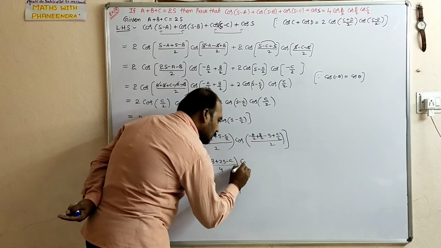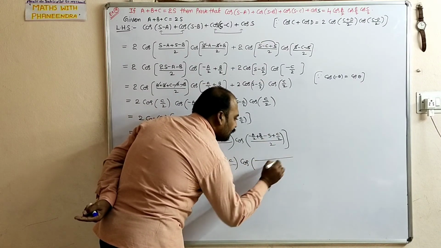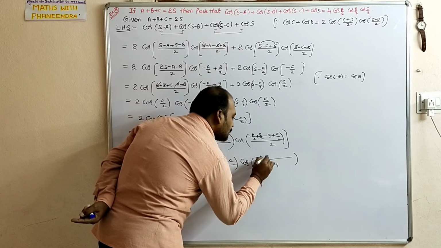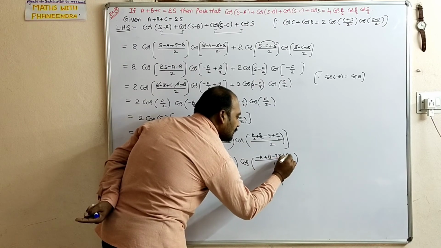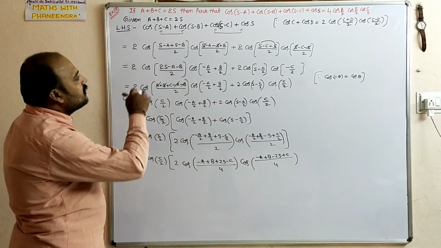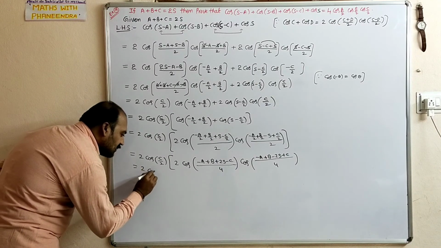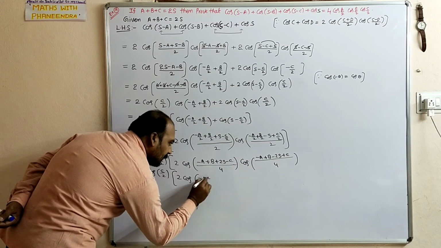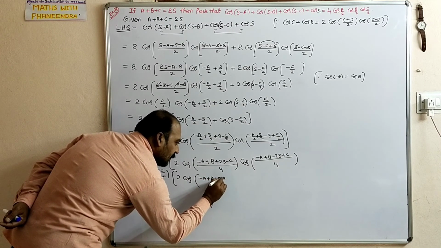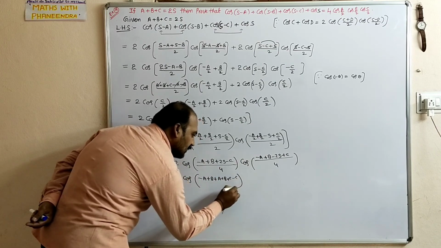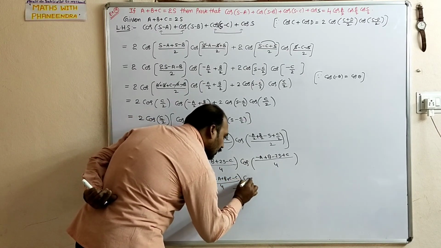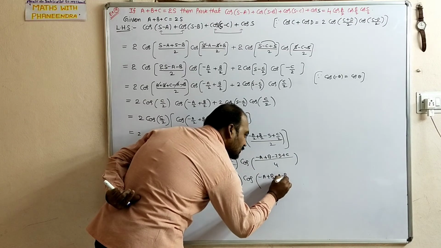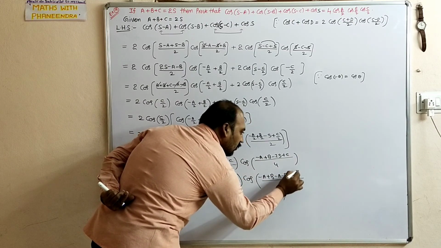After that cos of, here also same, take LCM here. 2 is the LCM, again 2 will come to the denominator, it is 4, minus A plus B minus 2S plus C. Now wherever 2S is there, A plus B plus C, you have to write it. 2 cos C by 2, 2 cos of minus A plus B plus A plus B plus C, the 2S value, minus C divided by 4, cos of minus A plus B minus 2S, means minus A minus B minus C plus C divided by 4.